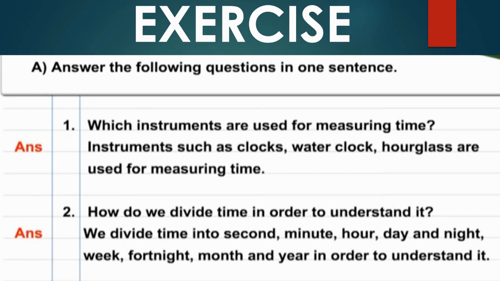Question 2. How do we divide time in order to understand it? Answer. We divide time into second, minute, hour, day and night, week, fortnight, month and year in order to understand it.